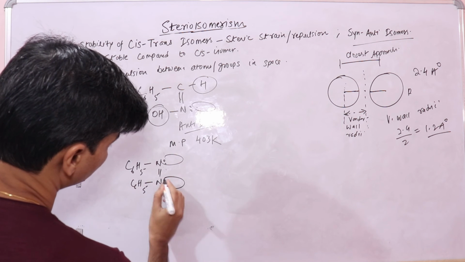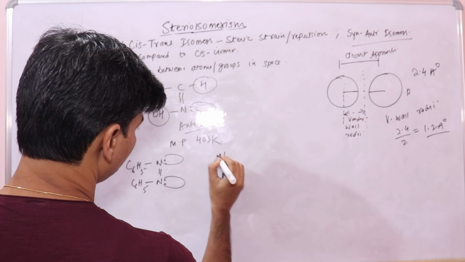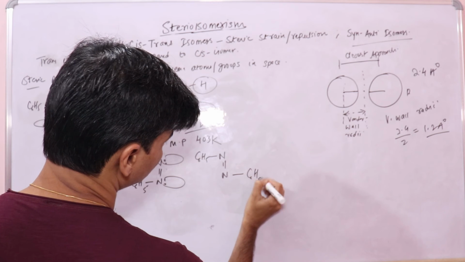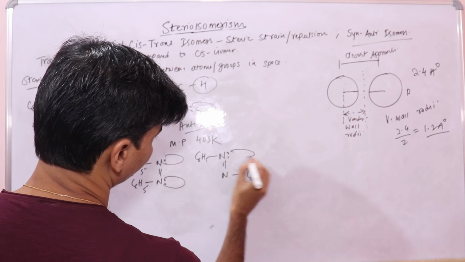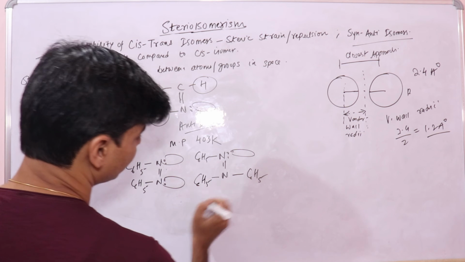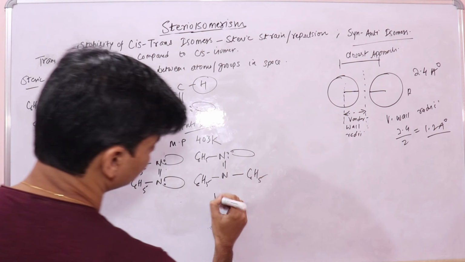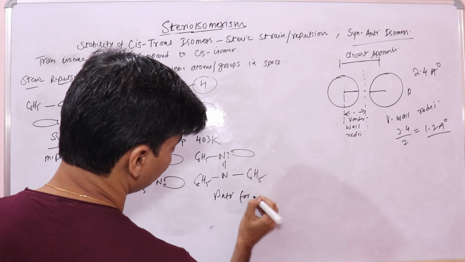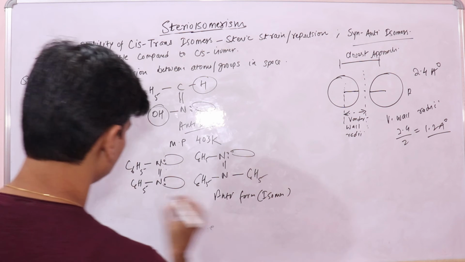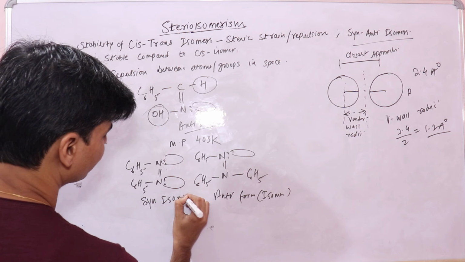This is your lone pair. Its anti form would be where one phenyl group is here and the other phenyl group is here. You have similar groups on the opposite side, right? So whenever you have similar groups on the opposite side, this is your anti isomer. And this is your syn isomer, right?